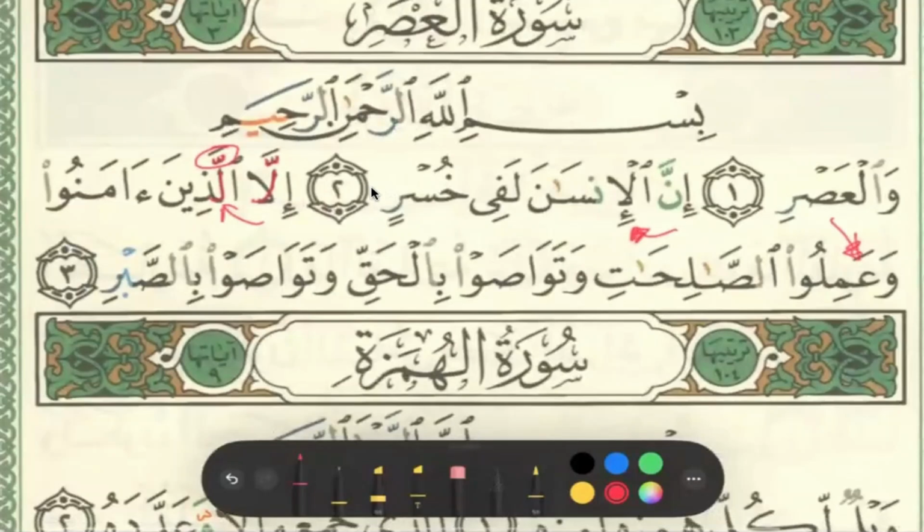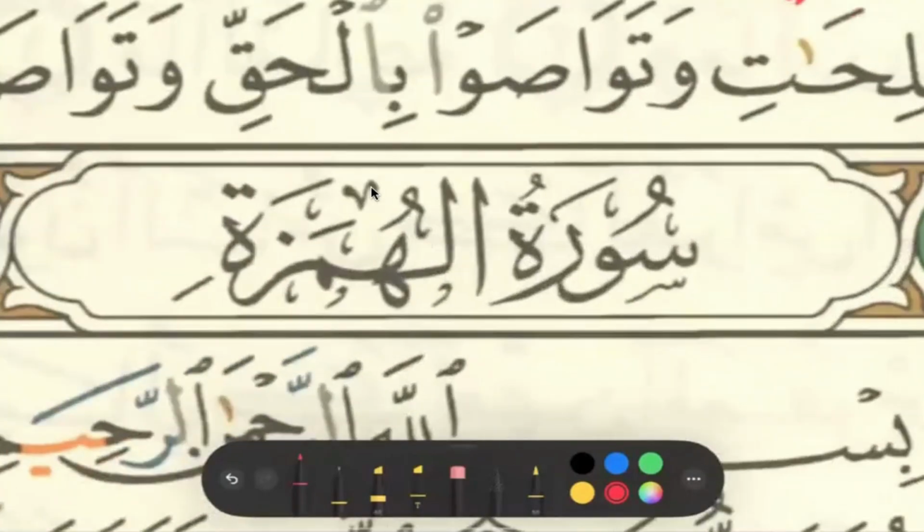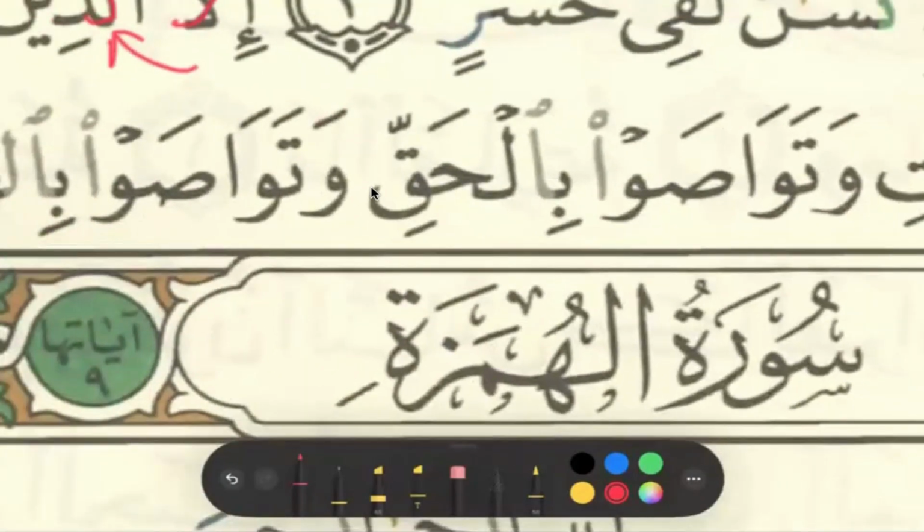And anything else here? Bismillah. Here's a qaf connecting from the letter before it and does not have its neck. Yani, because here's the line.